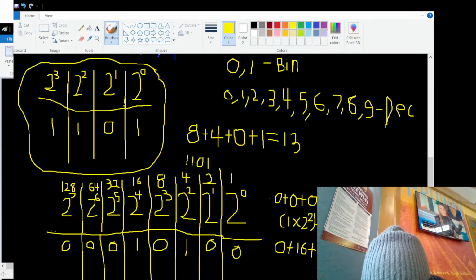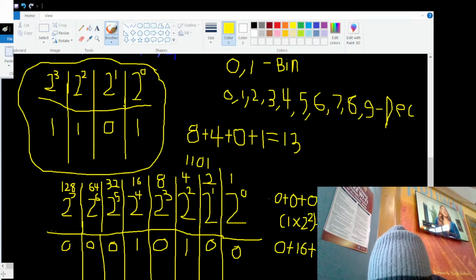Plus 1 times 2 squared. What's 2 squared? 4. So that's plus 4. Plus 0 times 2 to the 1, it's just 0. I don't even need to think about the 2 to the 1, even though it's just 2.